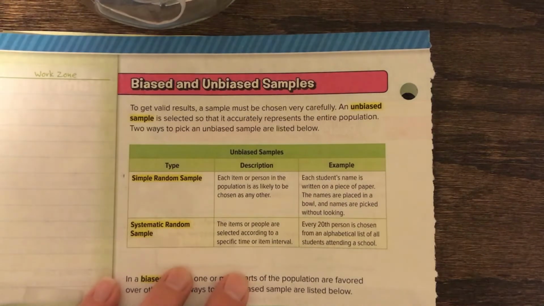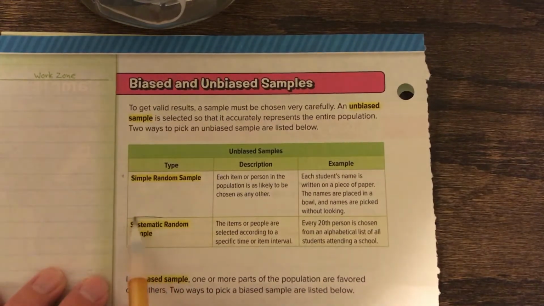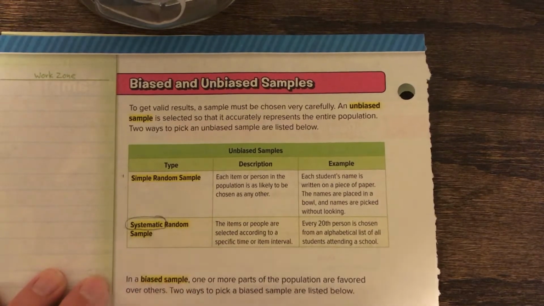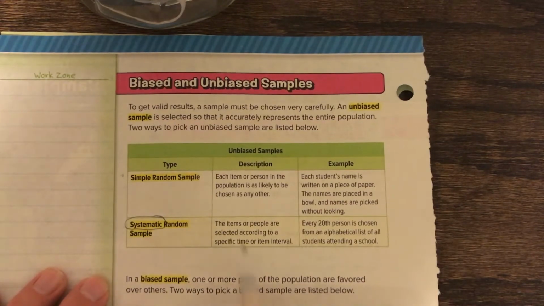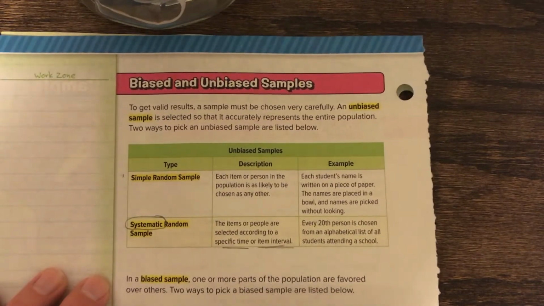So that's simple random. Systematic random, I try to think of the word system, like if you have a system in place, you have a plan. The items or people are selected according to a specific time or item interval. So at the shopping mall, every 100th person got surveyed.